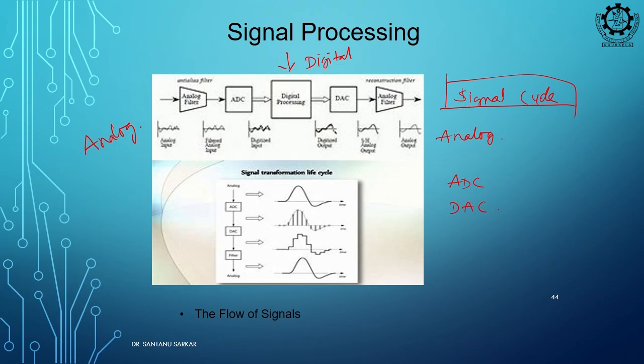Now, I hope you all know the difference between analog signal and digital signal. Analog signals are continuous in nature, right. So, if I think of say 0 to 0.5, I can have infinite levels. Between any two voltages, if you break it, again in between them I can have infinite values.